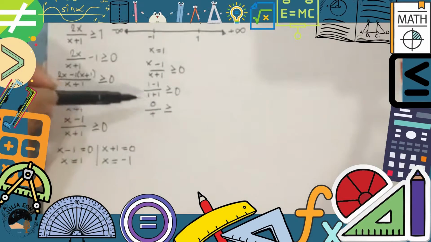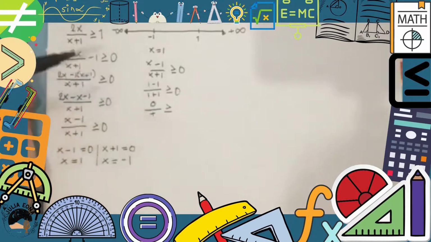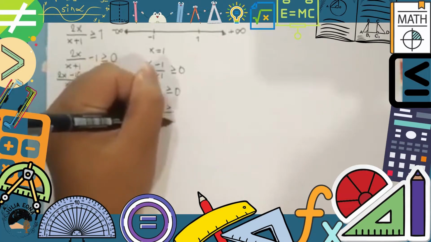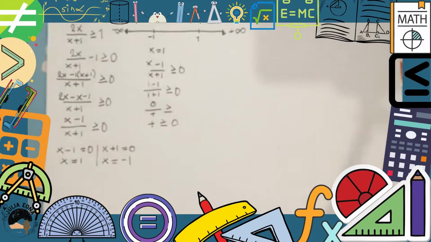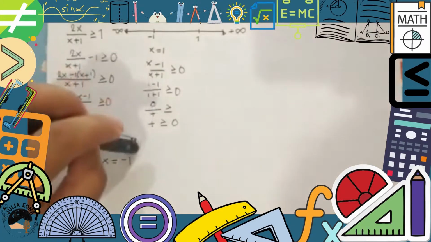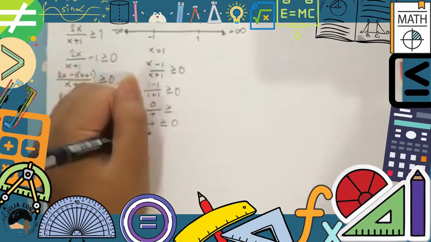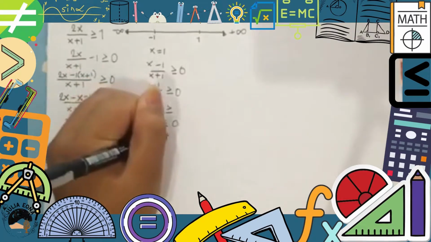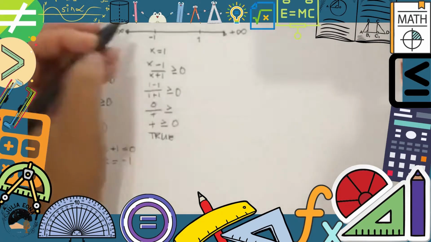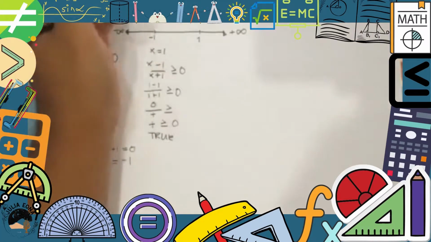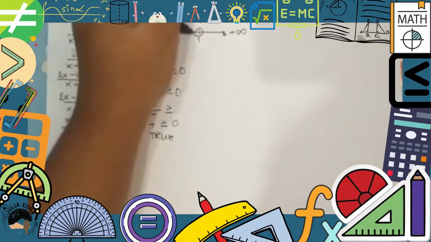So 0 divided by positive is 0. So 0 is greater than or equal to 0, so it is true. Therefore, positive 1 is included in our solution.